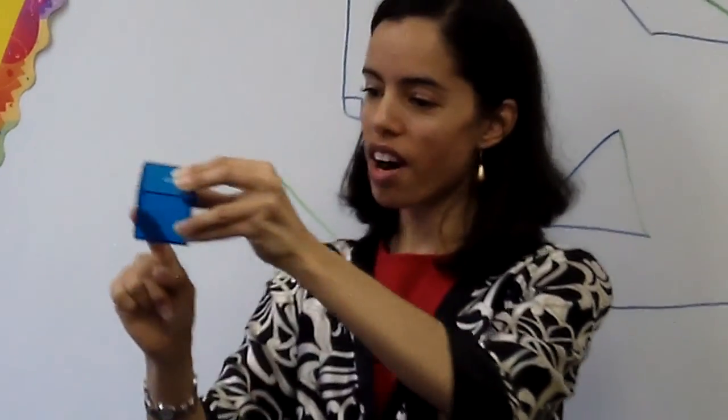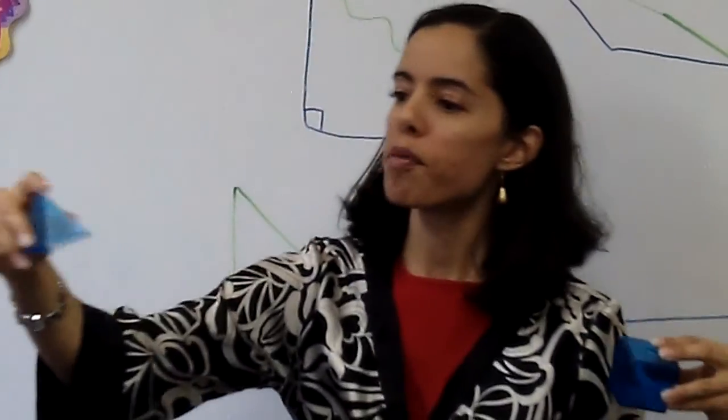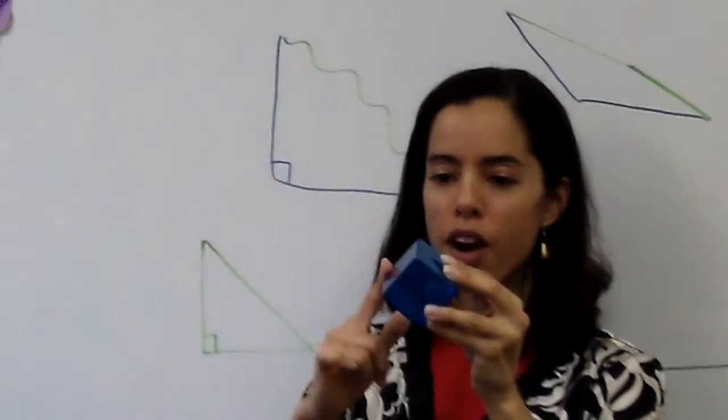Class, tell me what do we call the flat part? Face. What do I call this part, class? Edge. How about these parts? The vertex. Remember, the apex is only the top of a pyramid. So when we have a whole bunch, we call them vertices.